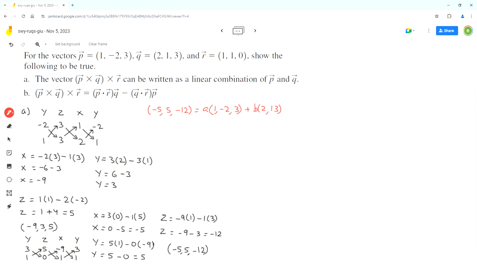We're using the scalar A for vector P and scalar B for vector Q. So we have to find the values of A and B that satisfy this vector equation. The first step is to multiply the components of vector P by A and components of vector Q by B.